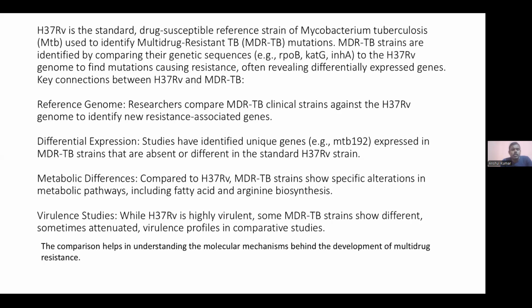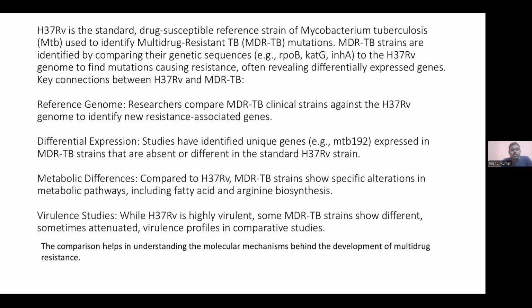Key connections between H37Rv and MDR-TB are, first, the reference genome. Researchers compare MDR-TB clinical strains against the H37Rv genome to identify new resistance-associated genes. Differential expression studies have identified unique genes, such as MTB192, expressed in MDR-TB strains that are absent or different in the standard H37Rv strain.